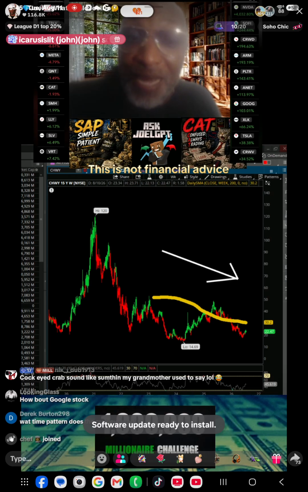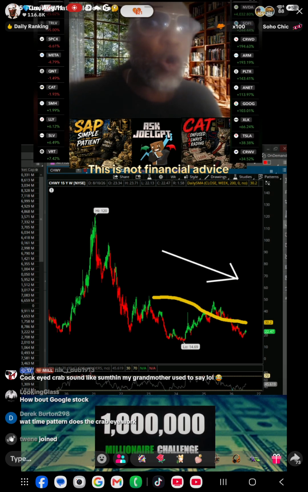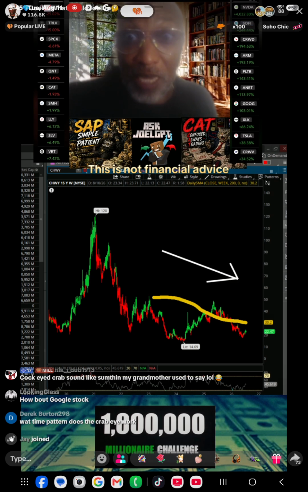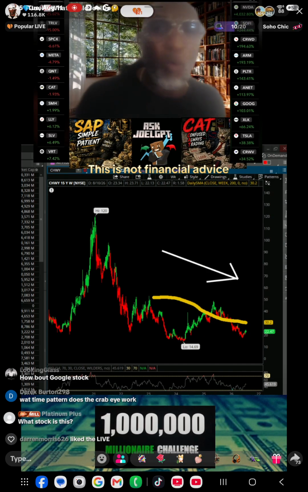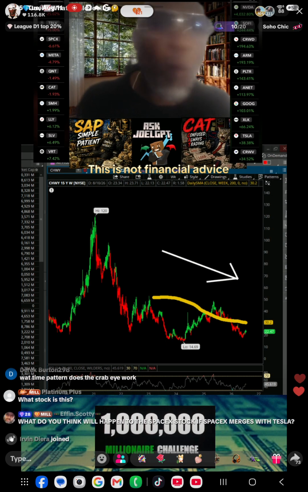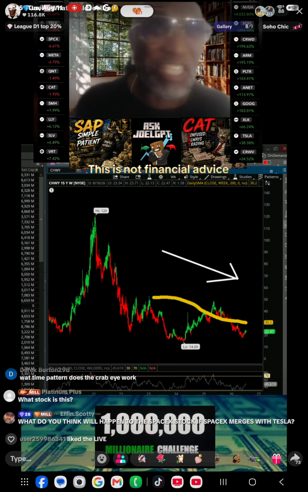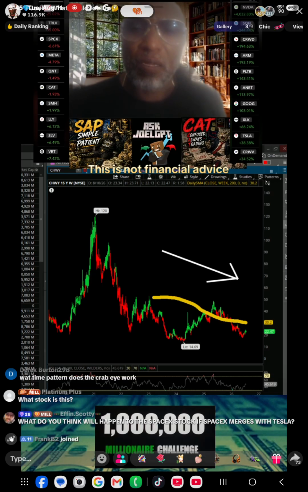Now, if you're going to buy something like this with a yellow brick road angled down like this, the only way on earth you're going to get me to buy it is if it goes oversold, period. Because the only way I'm going to buy the most terrible house in an area where nobody's buying is I got to get the deal of all deals. Because I know I'm going to have to sit on it for a minute.